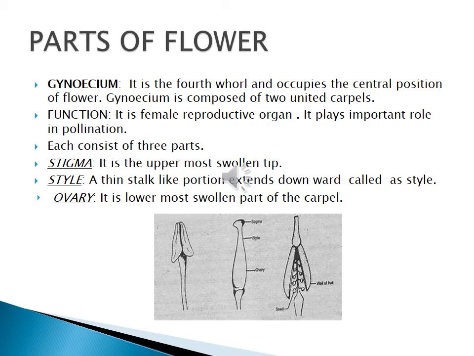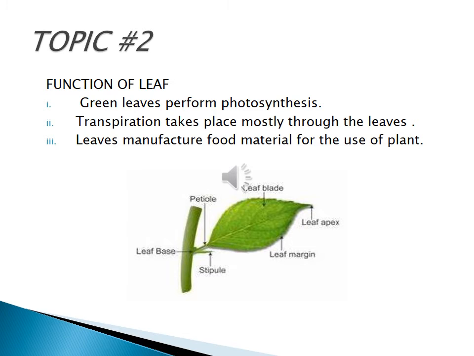Students, I hope you understand. The next topic is the function of the leaf. This topic is taken from the biology book, pages 46 and 47. The surface of a leaf is flat and is called the leaf blade or lamina. It is green in color due to the presence of chlorophyll.